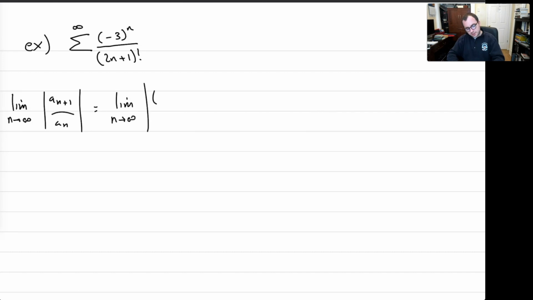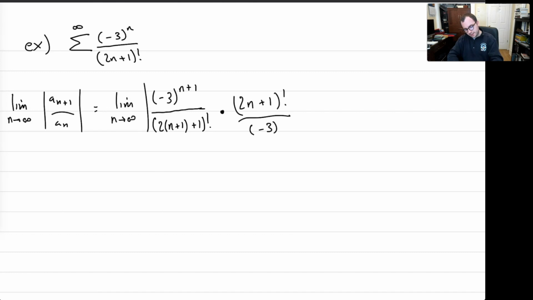The n plus first term, negative 3 to the n plus 1, over 2 times n plus 1 plus 1 factorial. Again, be careful of the parentheses. I'm replacing the n with the n plus 1. So it all has to go in there as a unit. Divided by a_n, so I'll multiply by the reciprocal, 2n plus 1 factorial over negative 3 to the n.